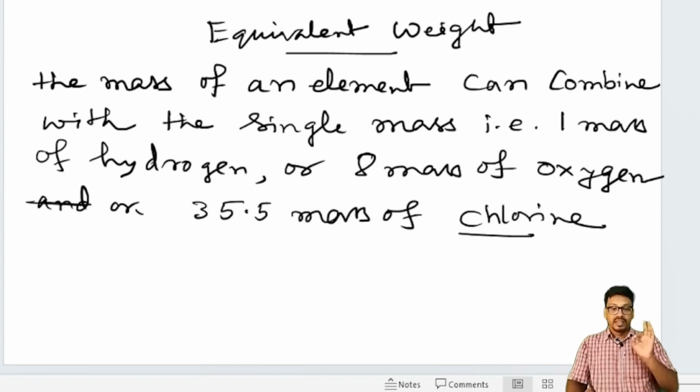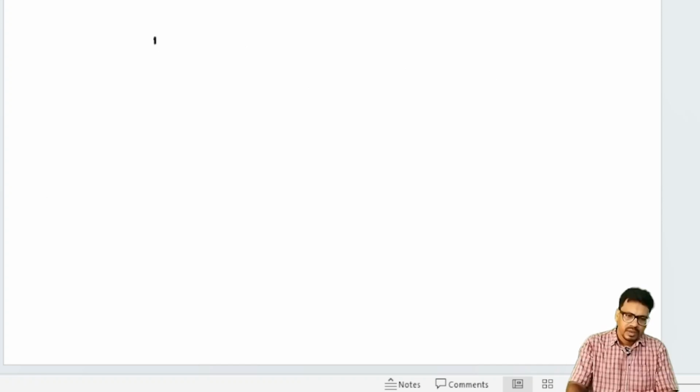Okay, this is called the equivalent weight. Al2O3.